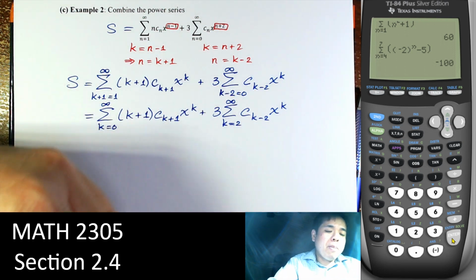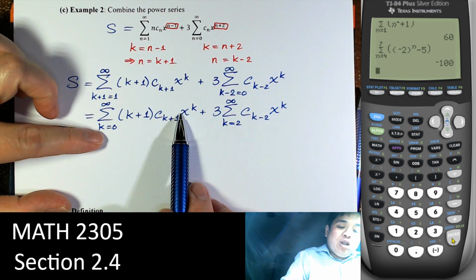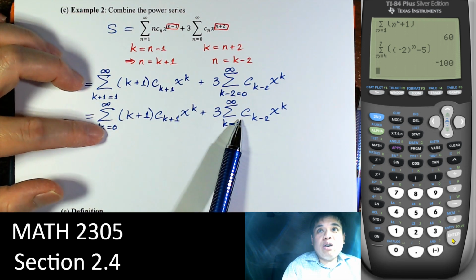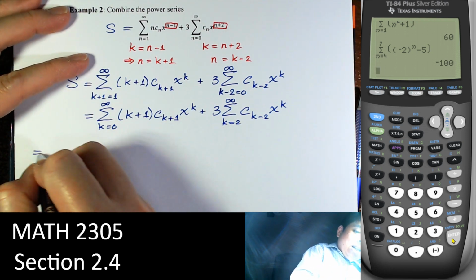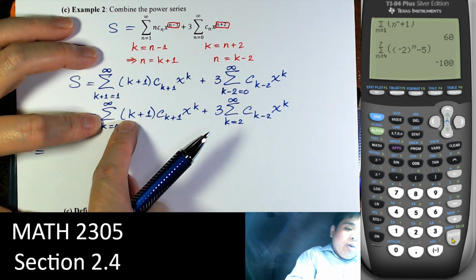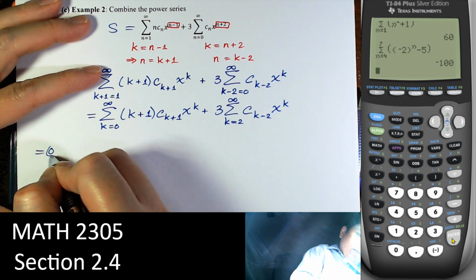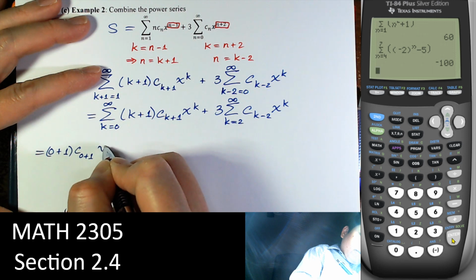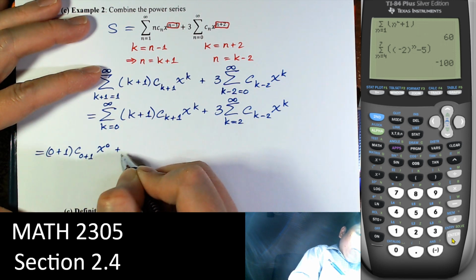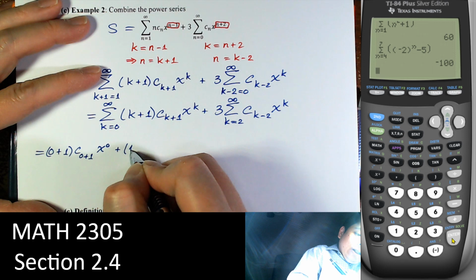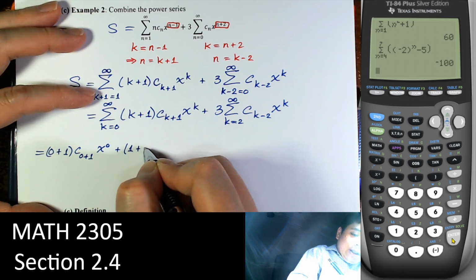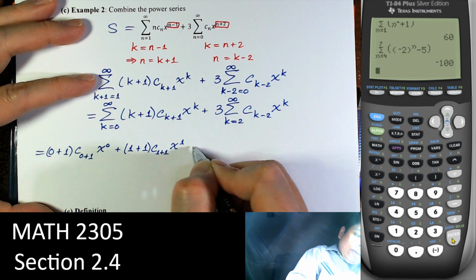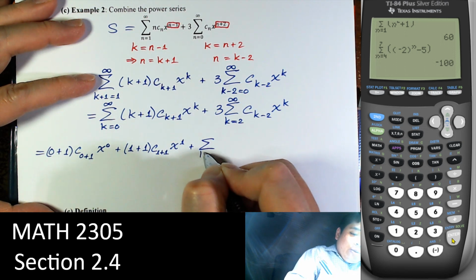Doesn't really matter. Now the problem is we have x to the k, which is good. Now what's not good is this term starts from 0, this starts from 2. We cannot combine them. So in that case we have to split. By this we mean put 0 in for k, and put 1 in for k. And then the series will start from 2, right?